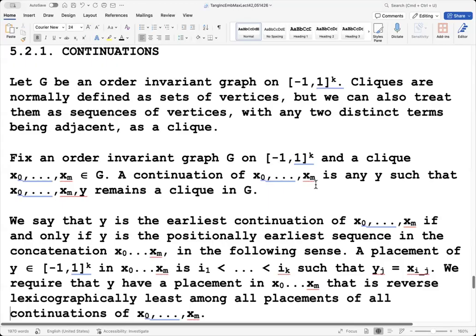We have the notion of continuation, but in the non-deterministic case, we don't have to take the best continuation, the least continuation. We can instead pick something that is non-adjacent to the continuation.